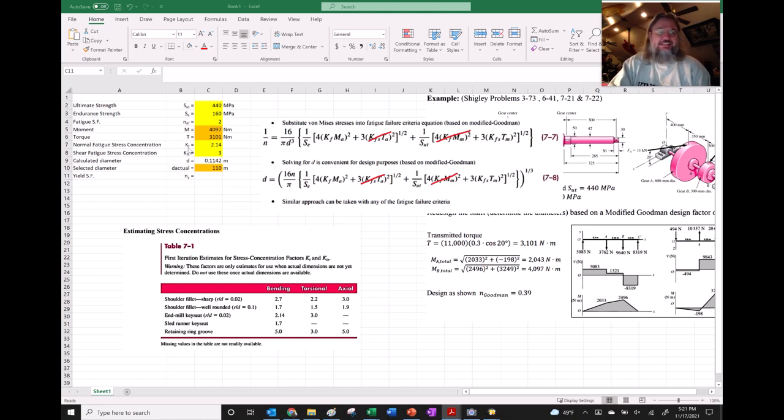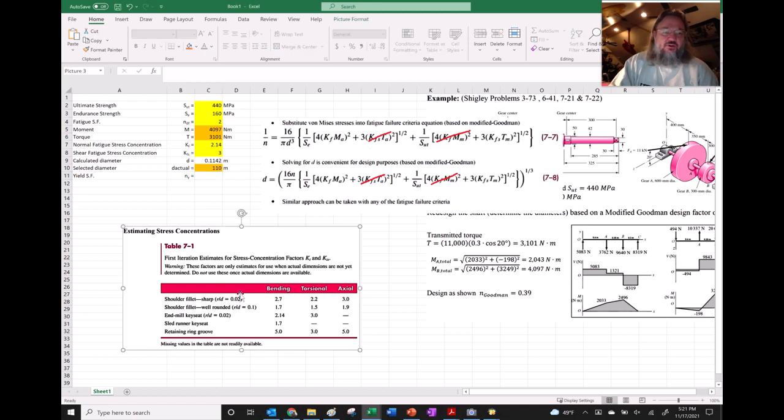So I used KT instead of K. I mean, they're saying these are KTs, and we really should adjust these with the Q, right? But I didn't. But we could. And it says, do not use these once actual dimensions are available. But we're going to anyway. But I'm going to leave them. This is for the keyway.